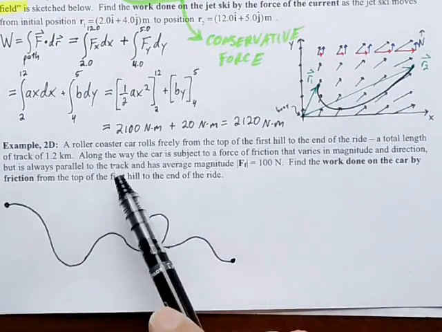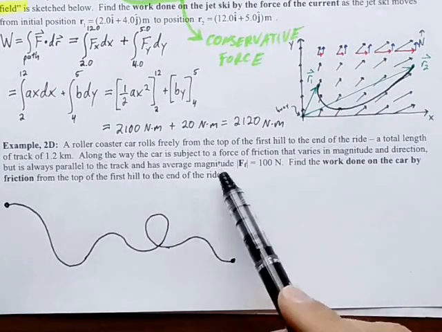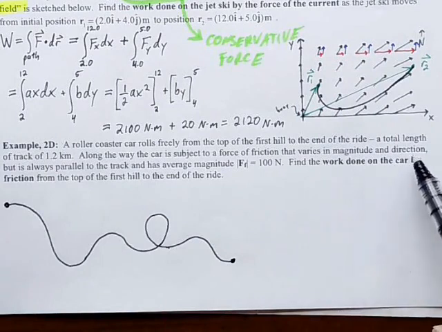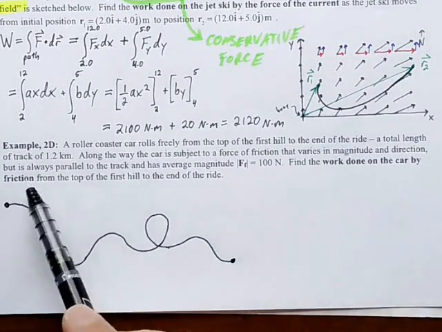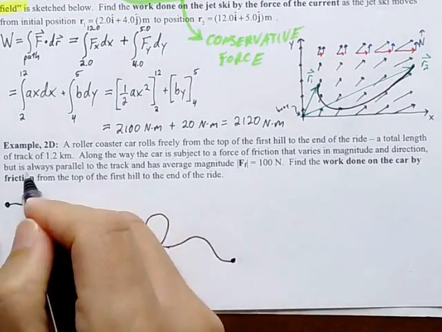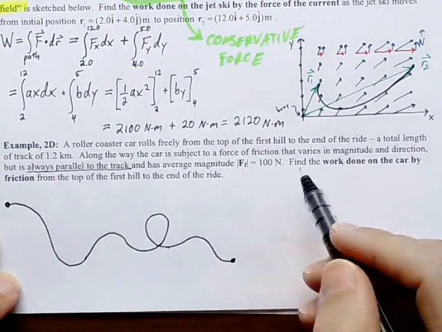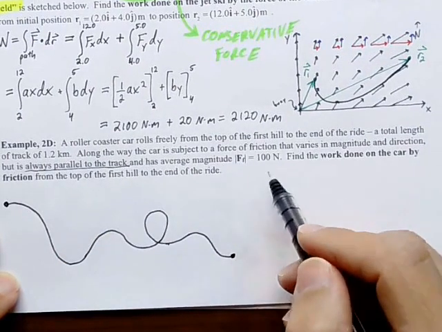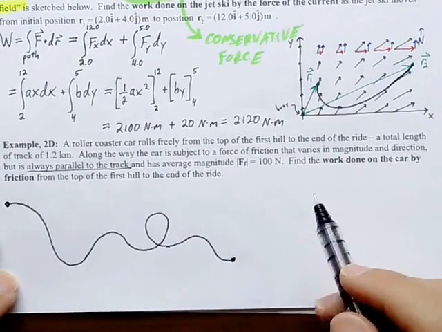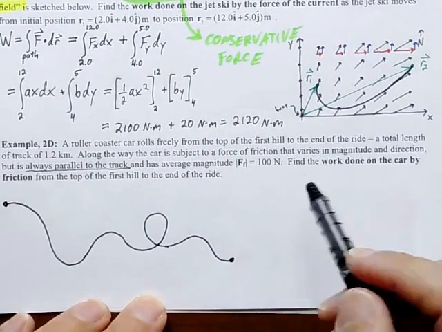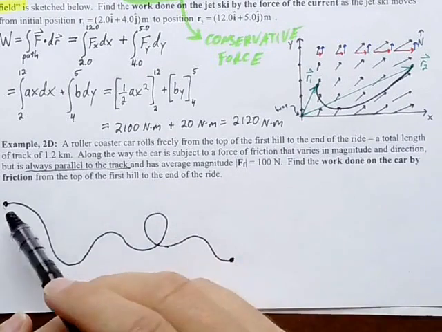Along the way, the car is subject to a force of friction that is going to vary in magnitude and direction, but is always parallel to the track and has an average magnitude given by this value here, 100 newtons. Find the work done on the car by friction from the top of the first hill to the end of the ride.